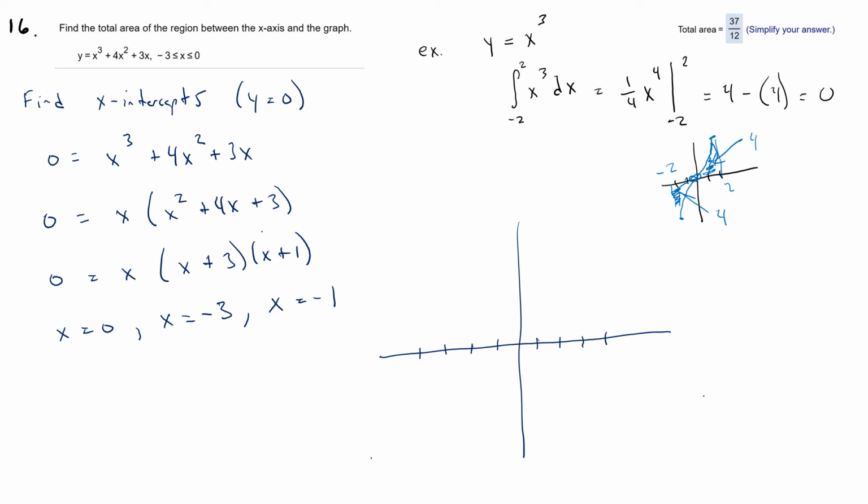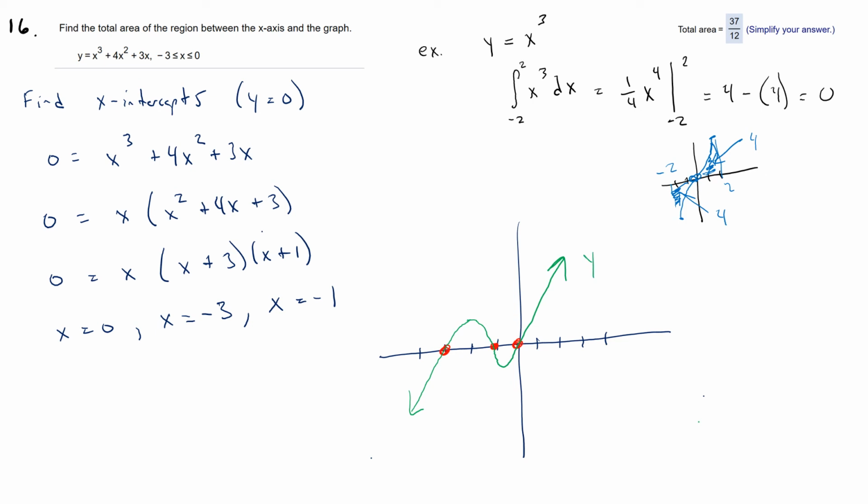So at -3, there's an x-intercept, at 0, there's an x-intercept, and at -1, there's an x-intercept. The graph of this function is going to go like this, whoop, whoop. What you see in green is the graph of this function.